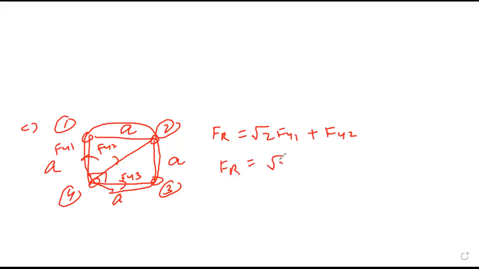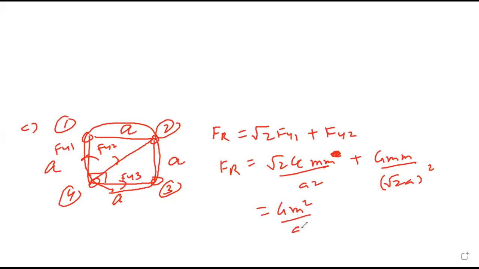So this force will be G into product of masses m m upon distance of side A square. F12 is G, again m m, and the distance is root 2 A square. So we can take G m square upon A square common, inside root 2 plus 1 upon 2.